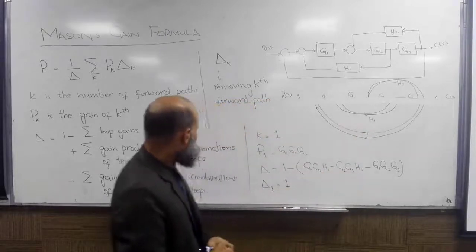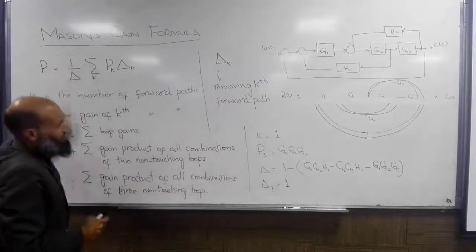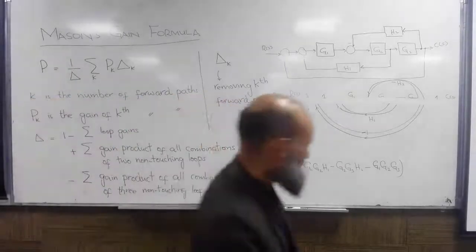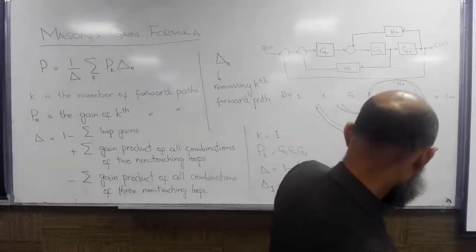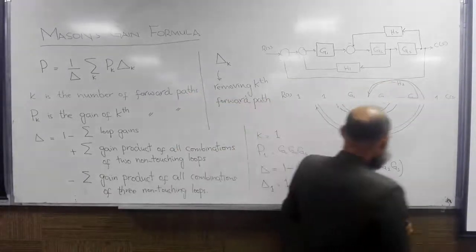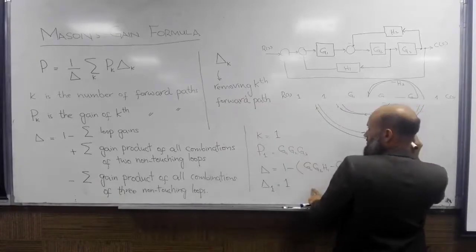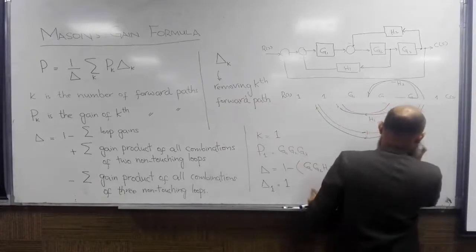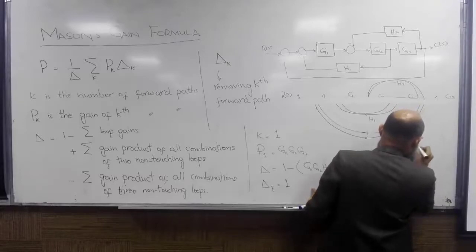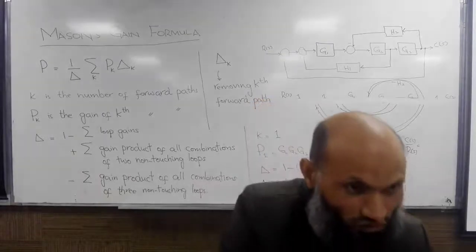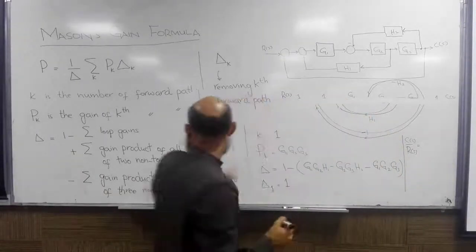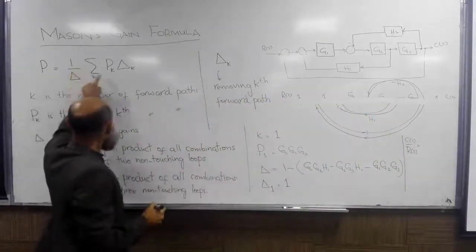Now we use this formula to write the transfer function for this signal flow graph. So what is overall transfer function for this particular system? C of S over R of S is equal to, what is that? 1 divided by delta.